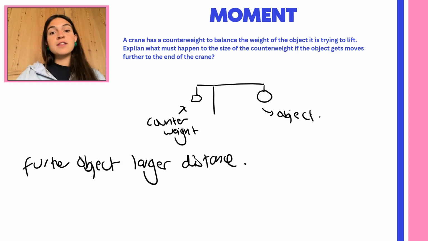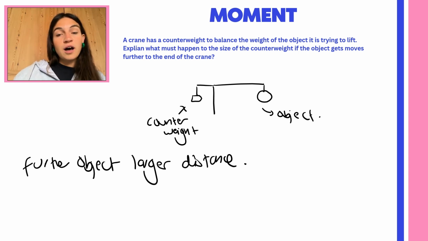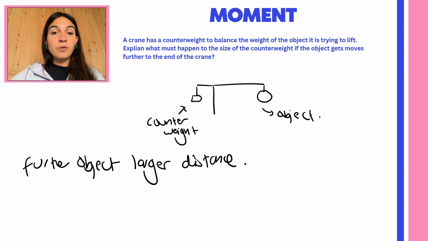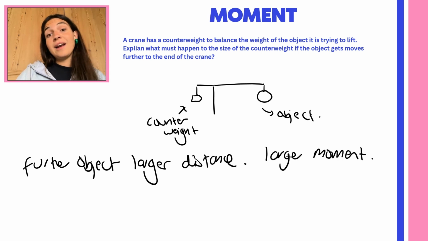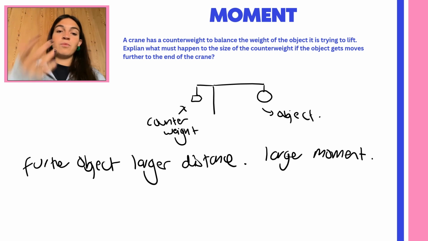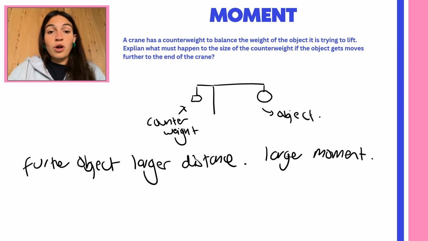So the further the object goes, obviously the larger the distance is of the object from the pivot. So you get a larger moment because your moment is your force times your distance, which means you've now got a larger, well, in this instance, in this picture, clockwise moment coming from my object.